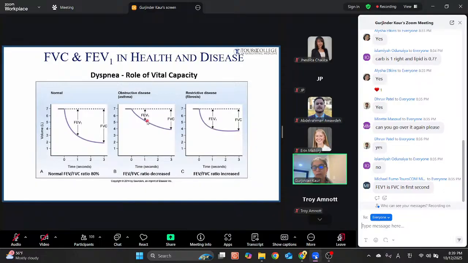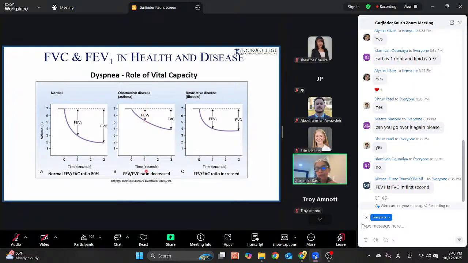But here, we can take the example of emphysema, where lungs have lost the compliance and they are actually getting more air in, and they are highly inflated, and it's very difficult to deflate these lungs to get the air out from the airways, right? So only 2 liters is getting out in the very first second.